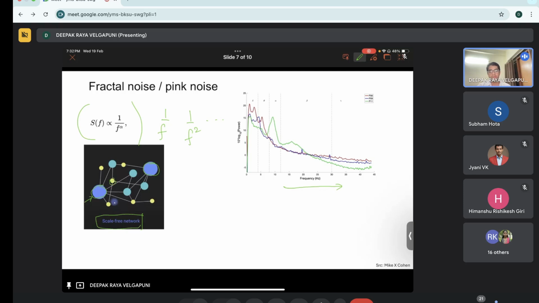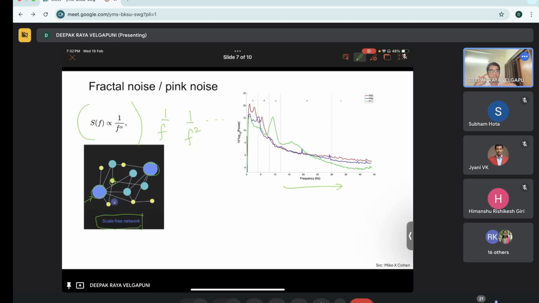Similarly, in your brain, let's say your brain has a set of oscillators of different bands.